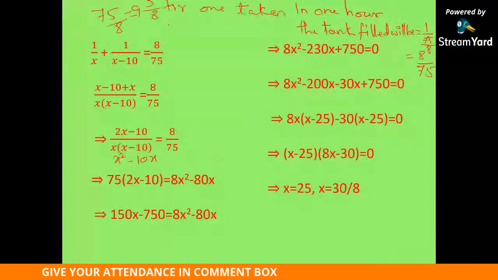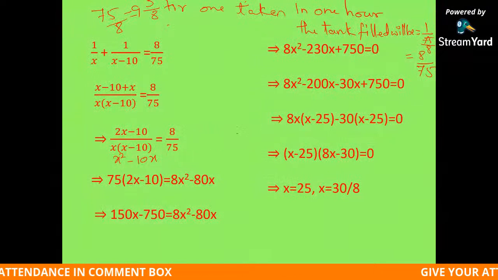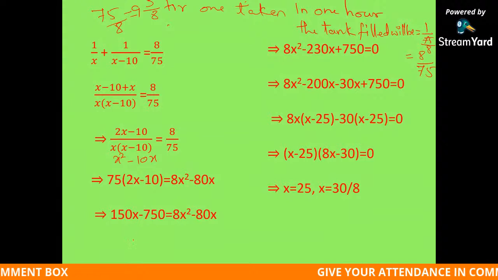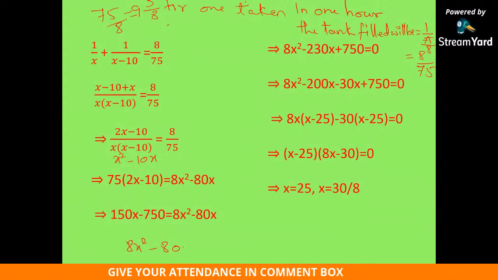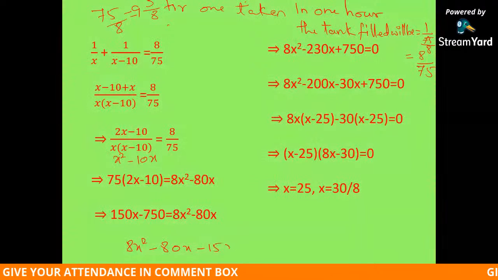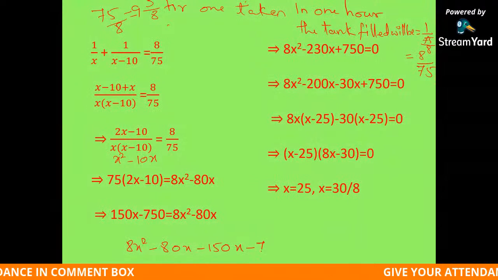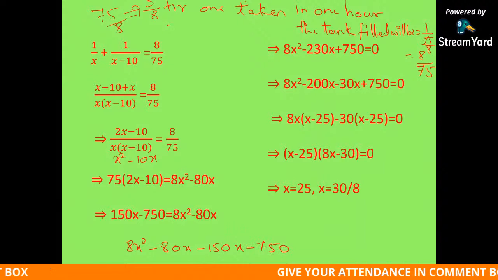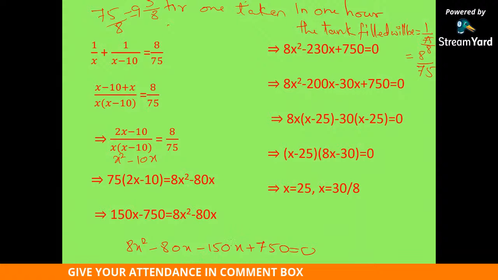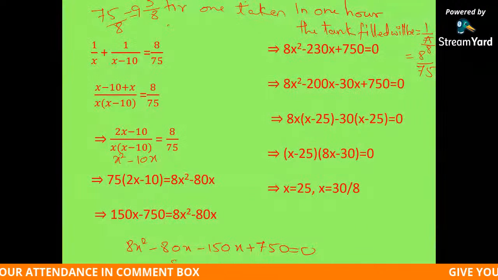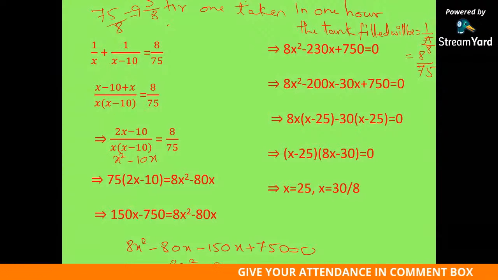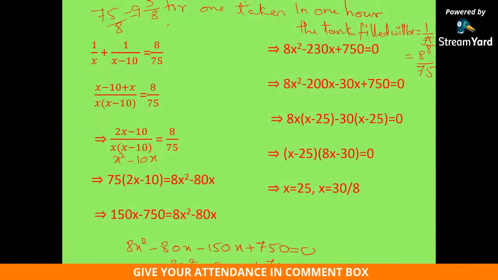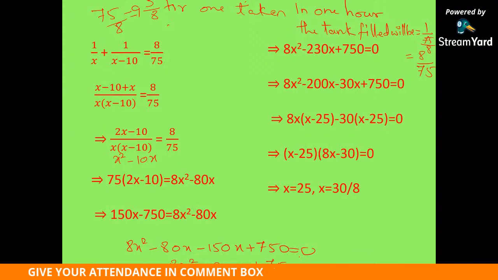Taking all terms to one side, we get 8x square minus 80x minus 150x, and the minus, if it comes to that side, will become plus. Then we will get 8x square minus 230x plus 750 is equal to 0.